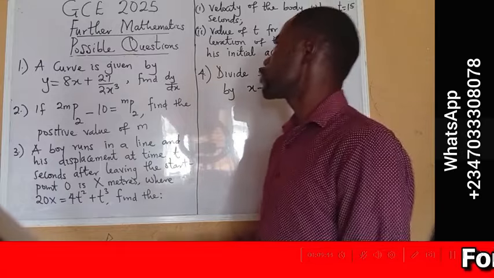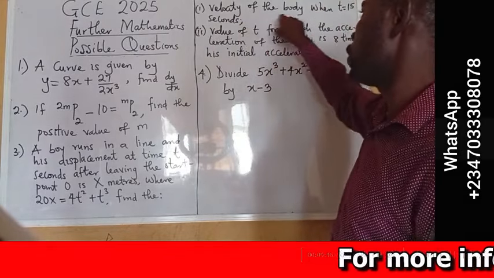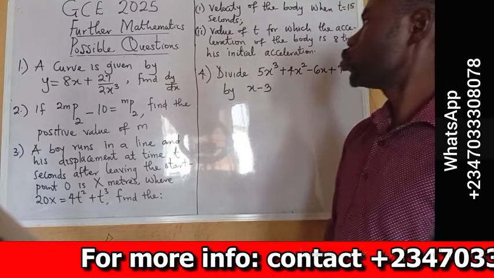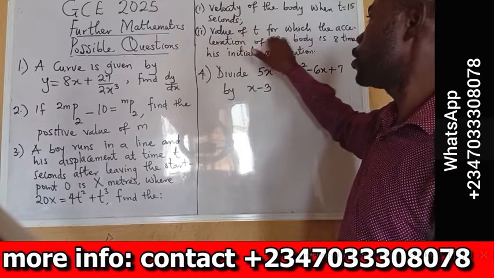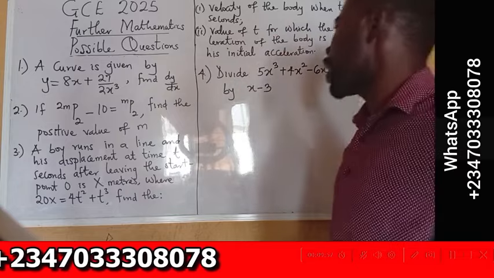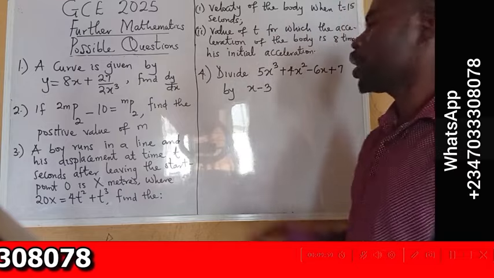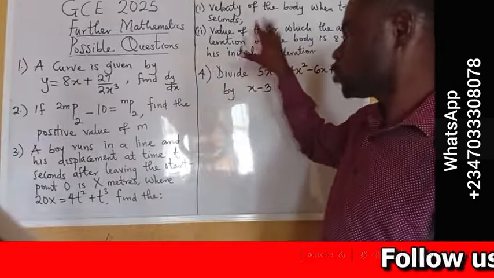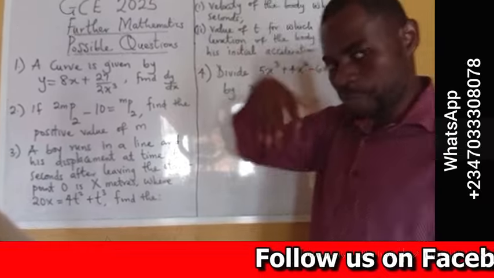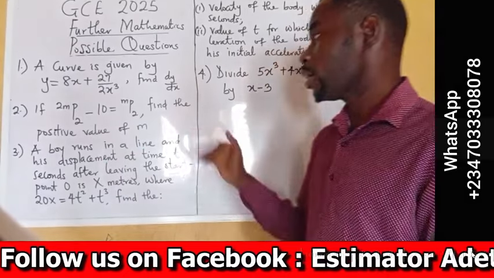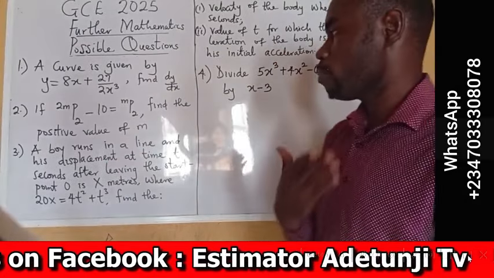Find 1, the velocity of the body when t is 15 seconds. 2, the value of t for which the acceleration of the body is 8 times its initial acceleration. We did something on this topic, physics, in this video you are watching right now. Answer the question by yourself.